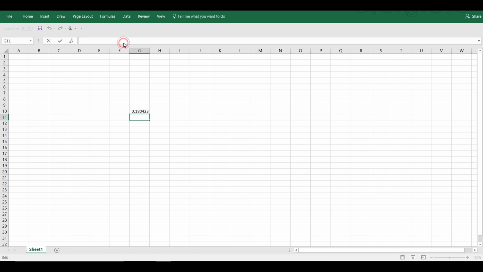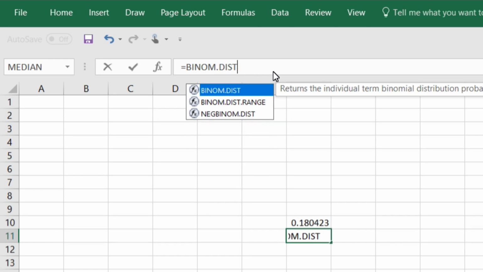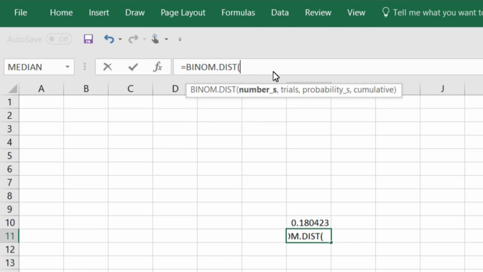All right, let's see what happens when we do this. Okay, I'm going to type in equal to Binom.DIST, open parentheses. Now the number of successes in this case, when I'm asking what is the probability that all the customers, that would be all 5, so X is 5, N is still 5, P is still 0.29, and we still have false because it is not cumulative.